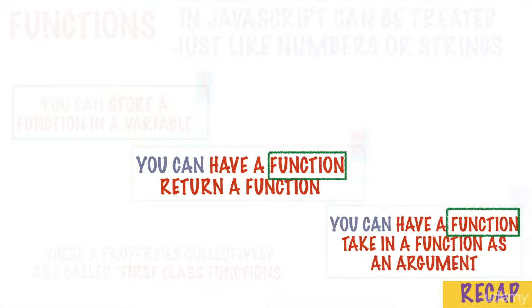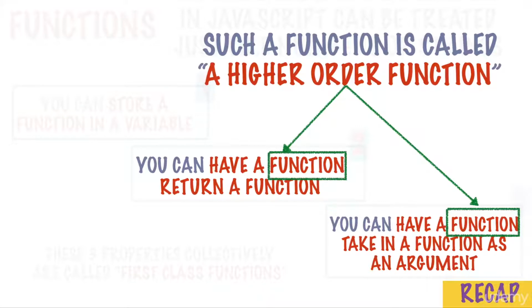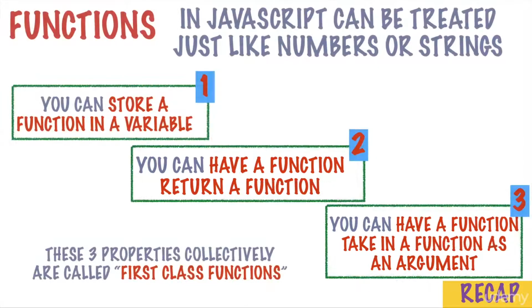The function which takes in a function as an input argument or returns it as its return value has a specific term. Such functions are called higher order functions. Higher order functions deal with other functions, either as an input argument or as a return value.